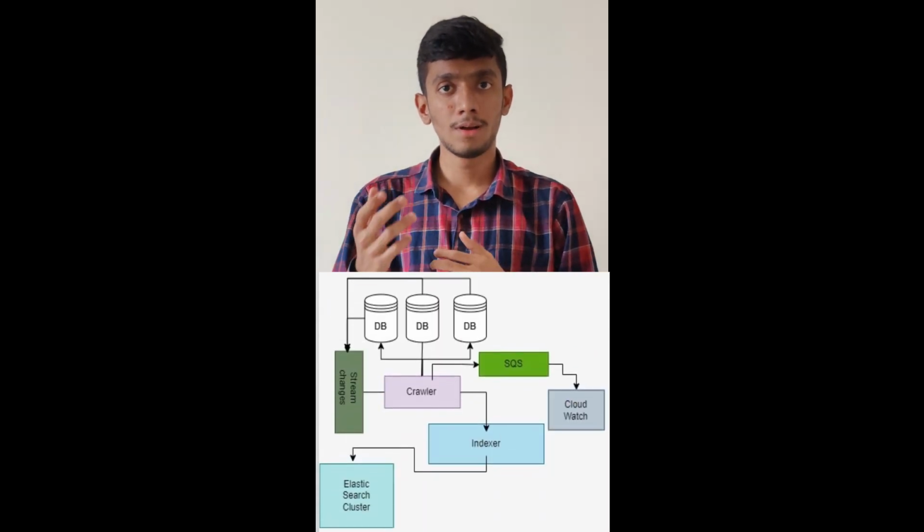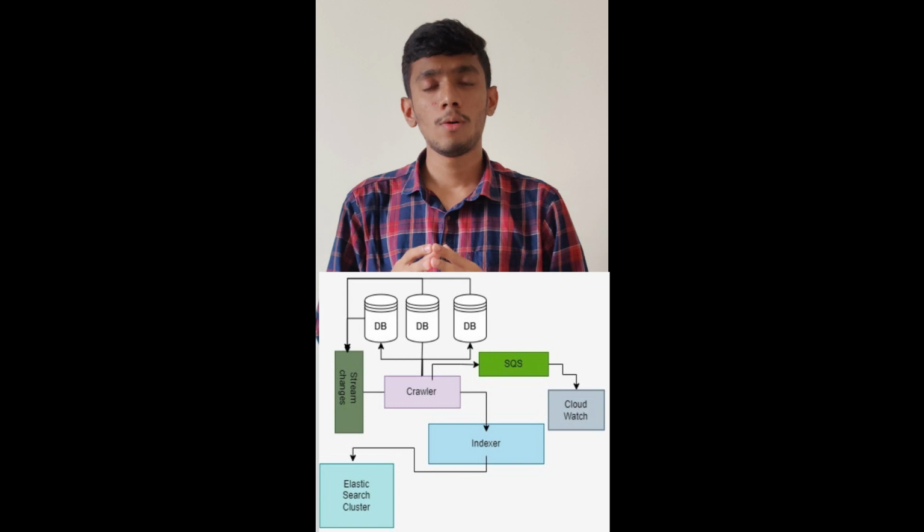So how does the indexing part of our infrastructure happen? We create indexes for our database beforehand, and for multiple databases we employ a crawler that could be different according to the type of database.